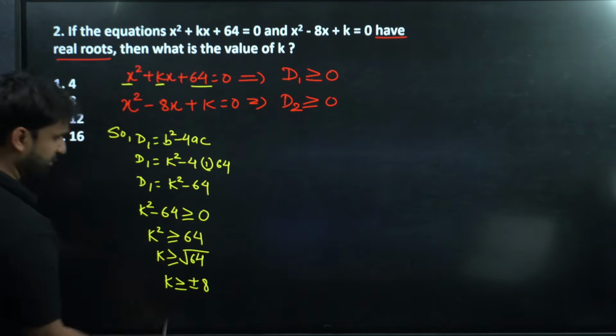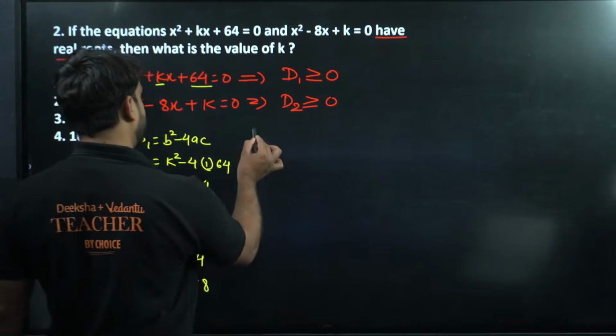So k will be greater than equal to plus minus 8. I hope this is clear to you all. Okay, now moving to next.